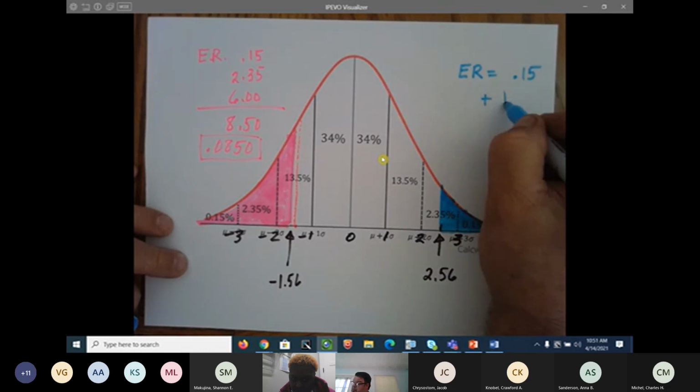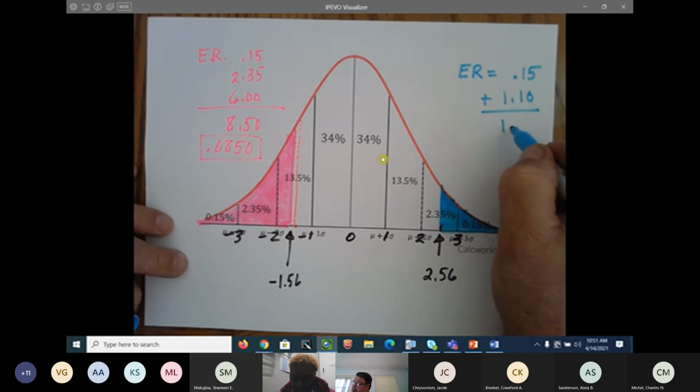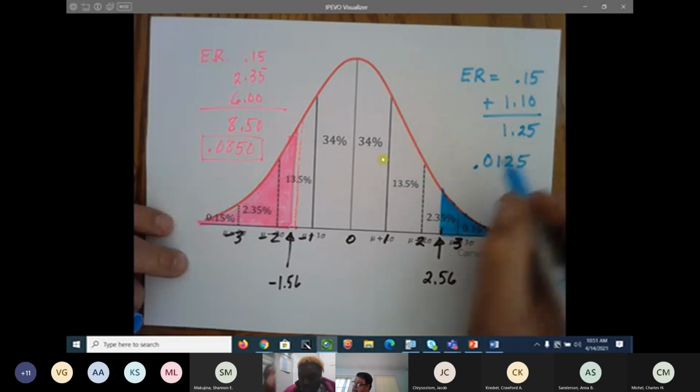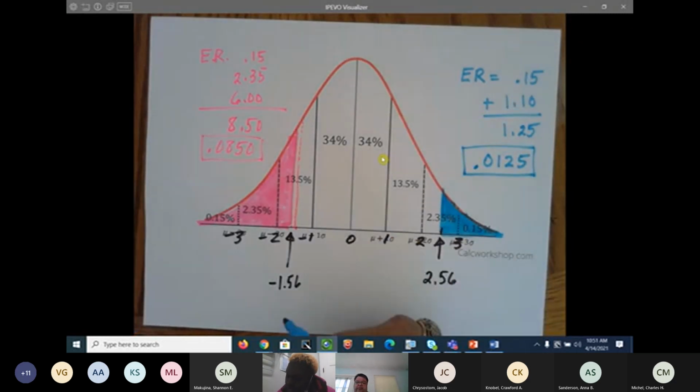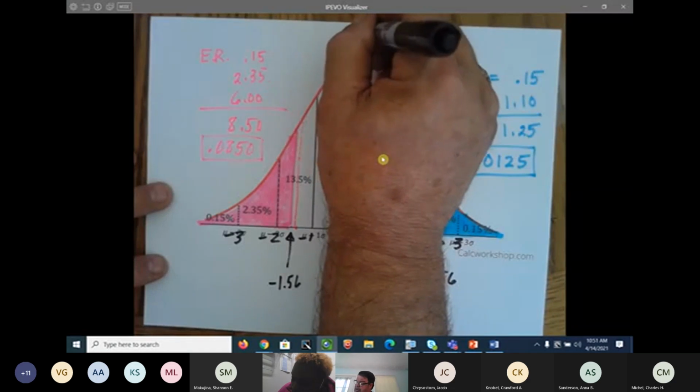So I'm going to do 1.1. And I get 1.25, which is 0.0125. Now the question says add them together. So my answer with the empirical rule is 0.0975.